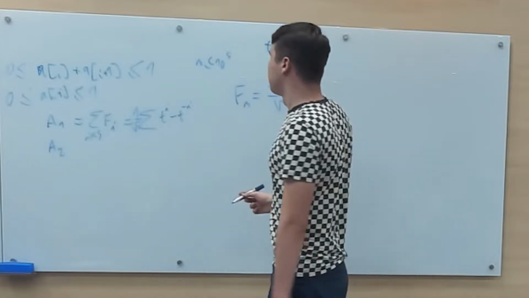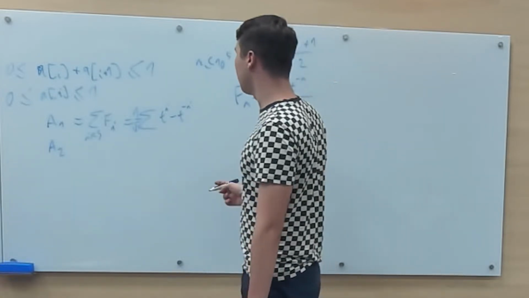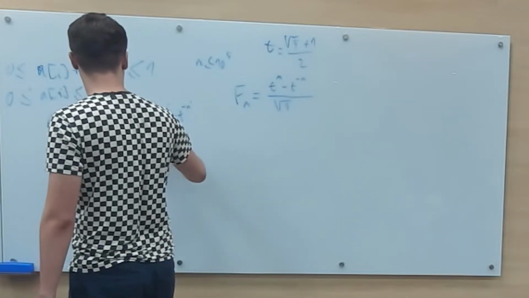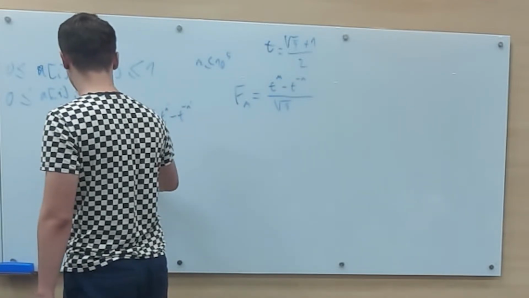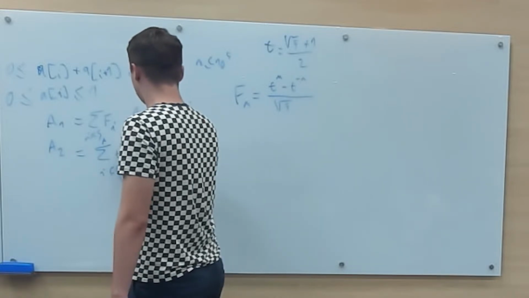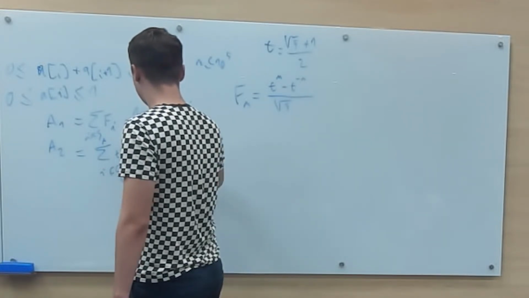Okay. So here i goes over S_A, and here i goes over S_B. Each term is 1 divided by square root of 5 times t to the power of i minus t to the power of minus i.